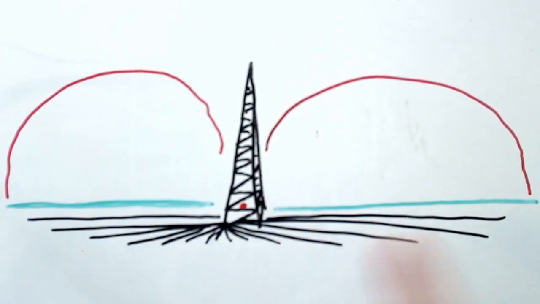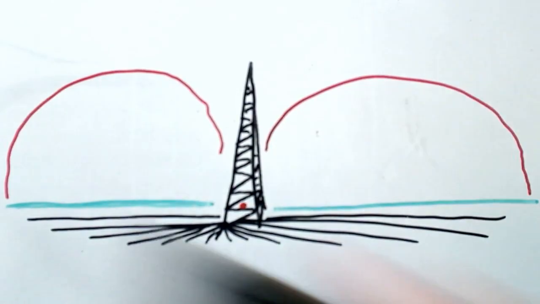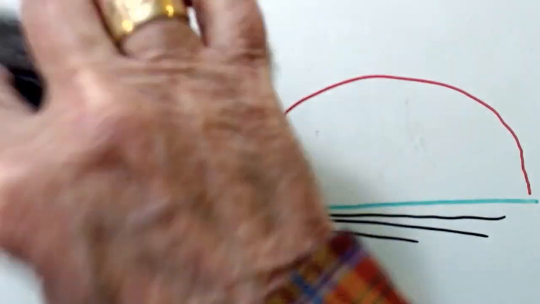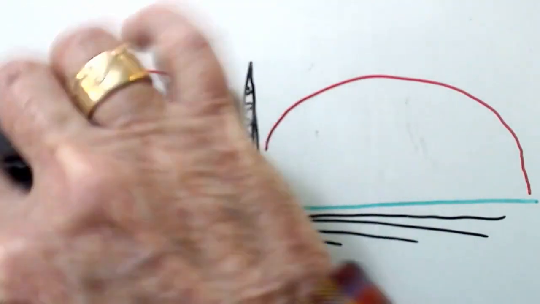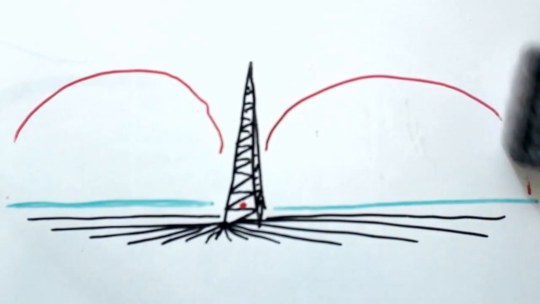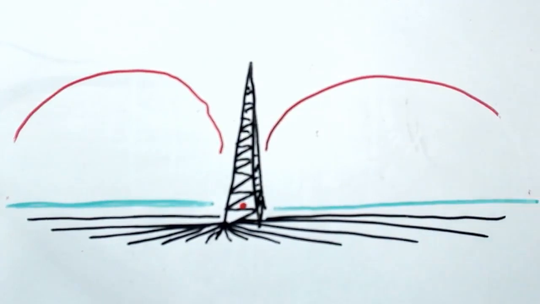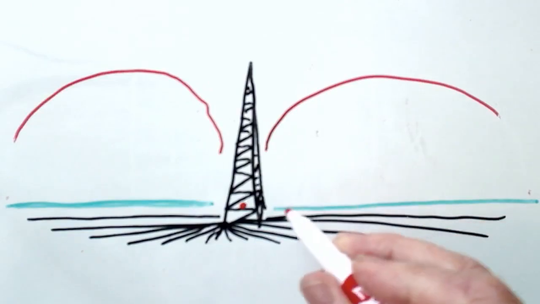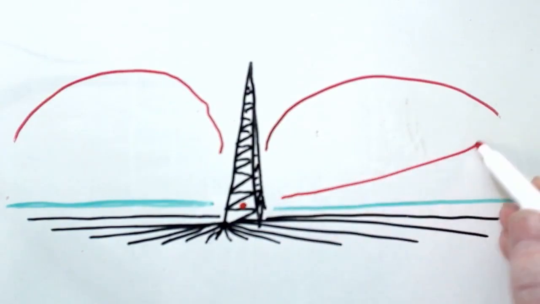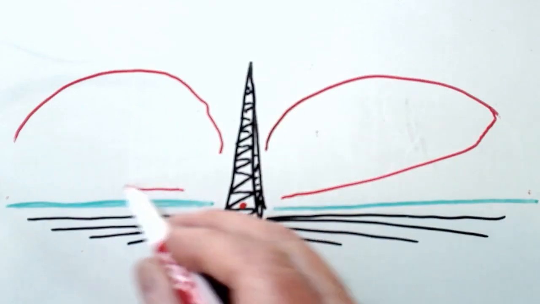As ground conditions vary, so does this radiation angle. And what happens is it modifies at these points here. Over less than perfect ground at the far field, we will exhibit something of this nature.